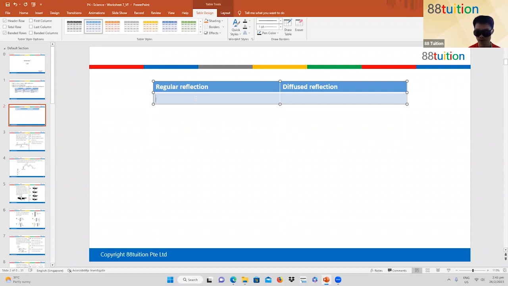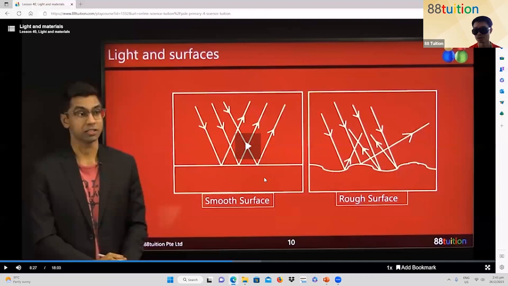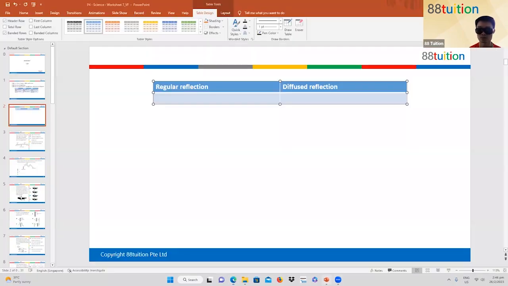So regular reflection, if you look at this diagram here, that the teacher is trying to show, occurs on a smooth surface. If you look carefully at all the reflected rays, these three are the reflected rays that bounce off the surface. They all travel in the same general direction. Whereas in here, the reflected rays reflect in different directions.